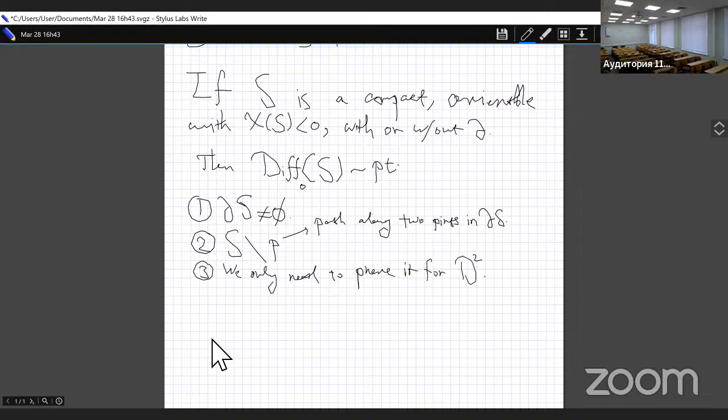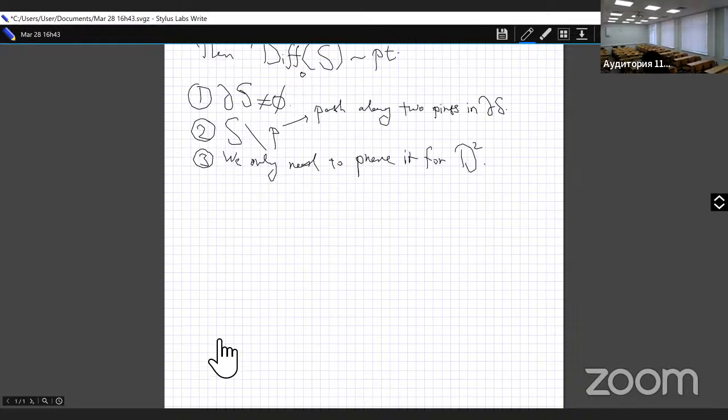Why? Because I assume that the Euler characteristic is negative, but I'm going to draw a picture because otherwise it's going to be messy.